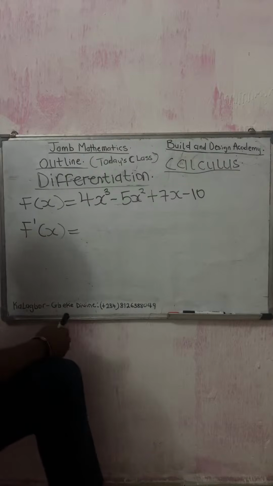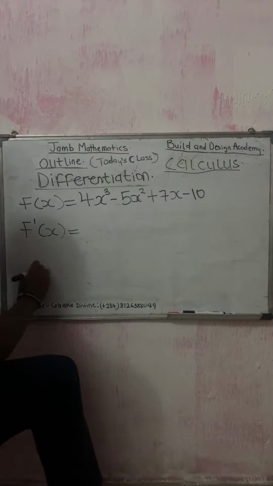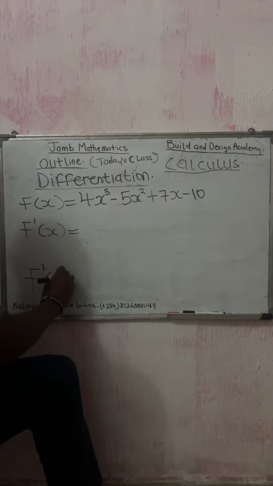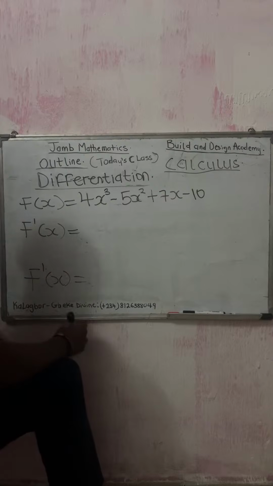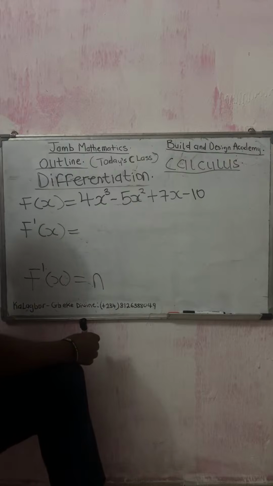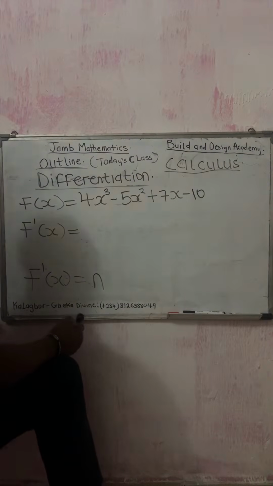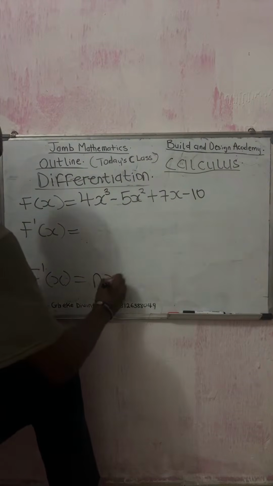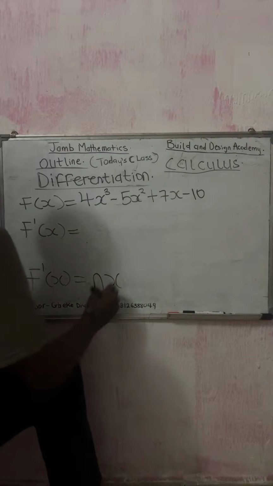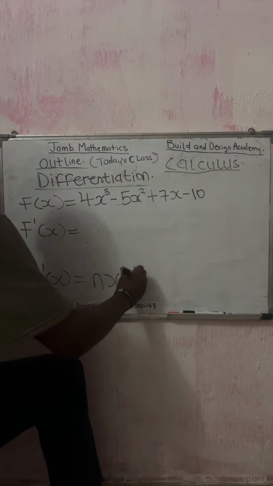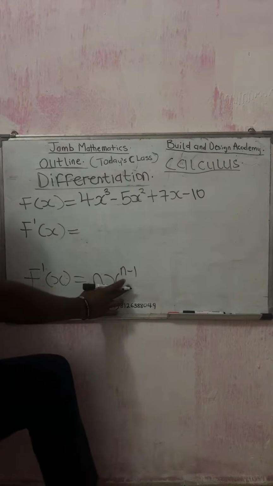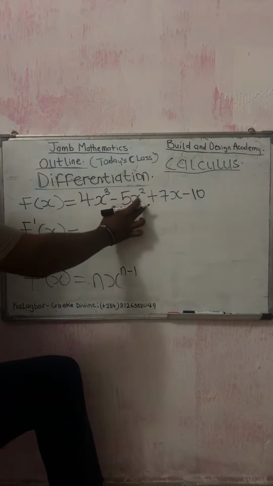Now, from the power rule, recall we said that the power rule is simply what? The power, we have 3 as the power here, we have 2 as the power here, we have 1 here, times the polynomial function raised to the power minus 1. So we are applying this in each of them.